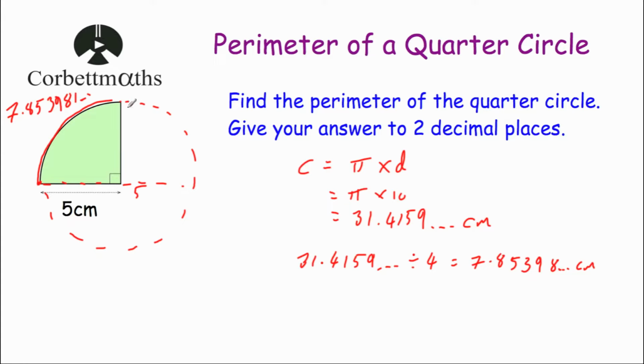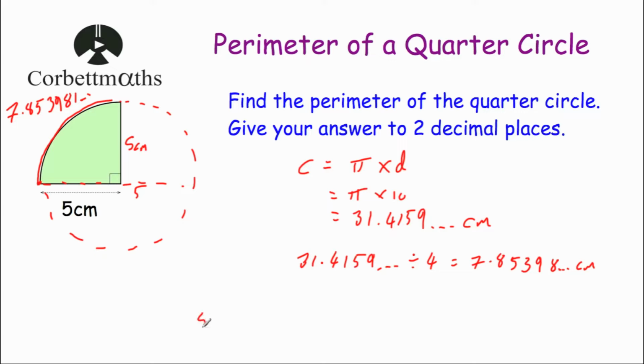Now we want to find the perimeter of the quarter circle. So we want to find the whole distance around the outside of the quarter circle. So it's going to be from here to here is 5 centimeters, and then another 5 centimeters, and then our 7.85 and so on centimeters going round from here to here. So if we add those up, we will get the perimeter.